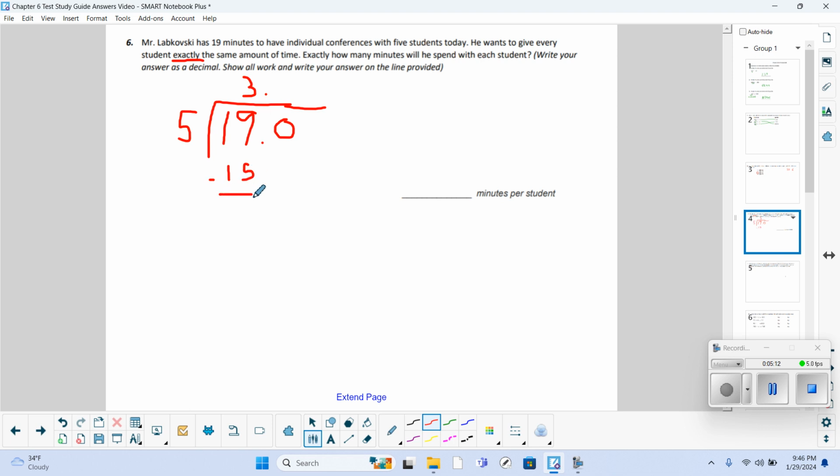My remainder is 4. So now I'm going to be after the decimal place. I'll bring down 0. 5 goes into 40 8 times. 8 times 5 is 40. I have no more remainder. So the answer is 3.8 minutes per student.